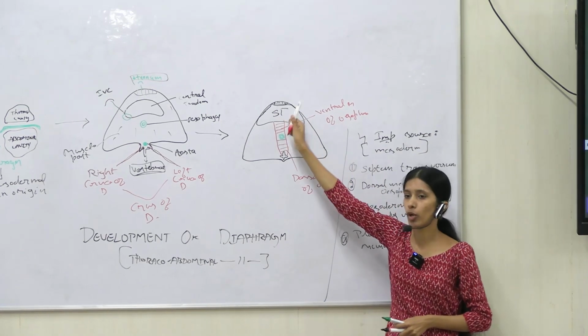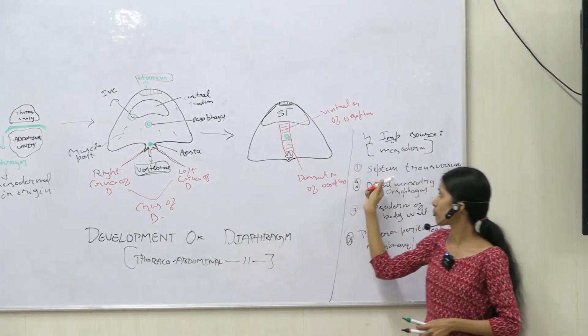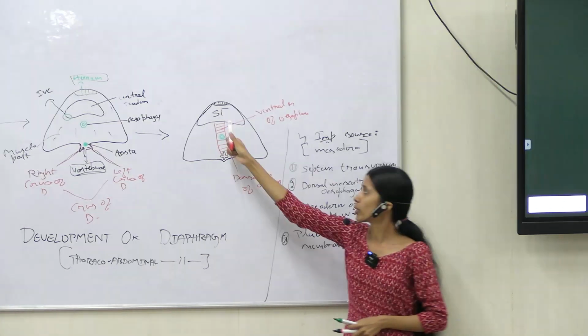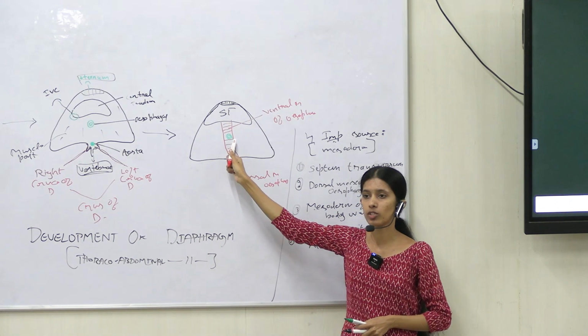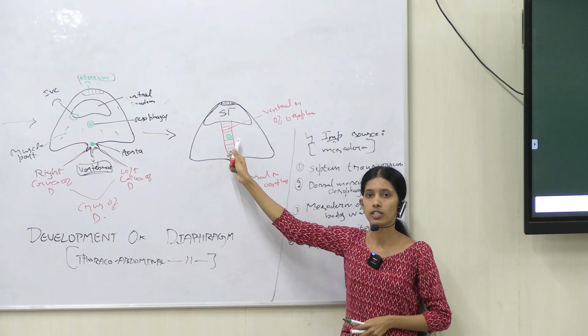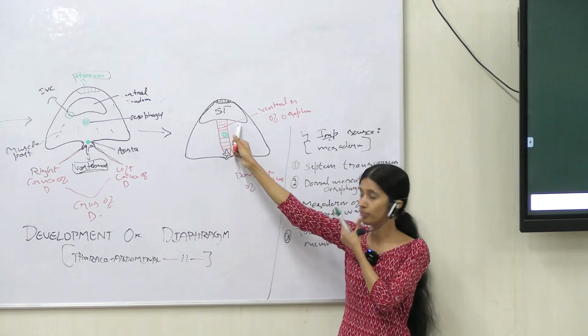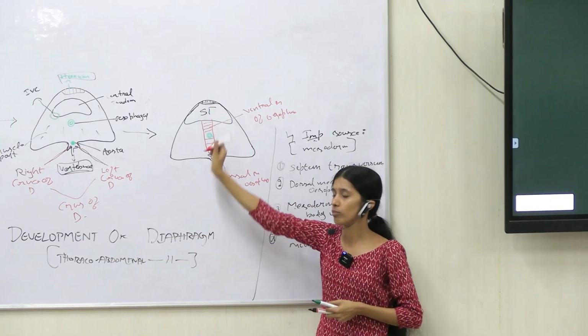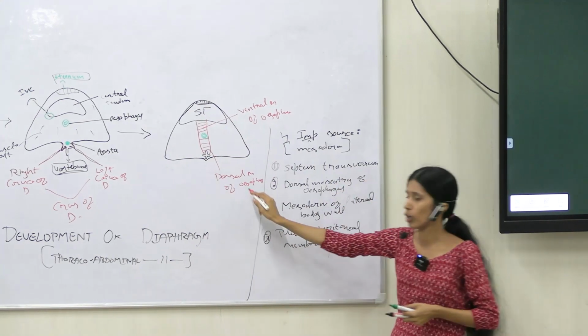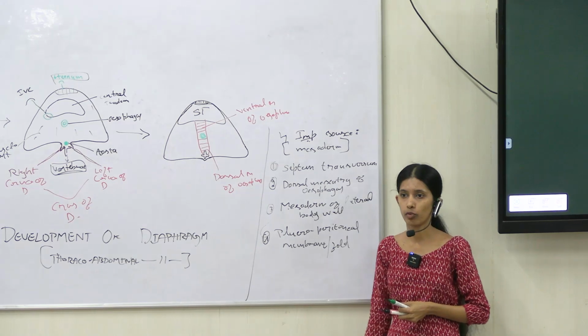Next to sternum or below the sternum, we have septum transversum. Below that, we can see the presence of esophagus. This esophagus is connected to both your vertebrae and your sternum by ventral mesentery and dorsal mesentery of the esophagus.